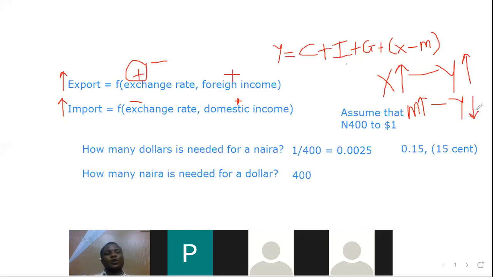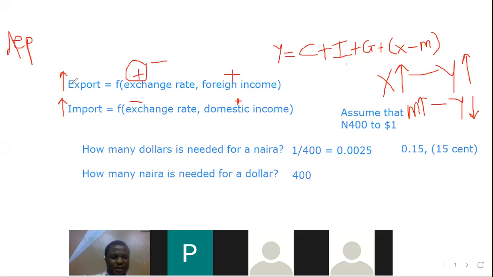Okay. So let's now assume we devalue our currency, exchange rate depreciation. Exchange rate what? Depreciation. If we devalue our currency, what will happen? When we devalue the currency, that means increase in exchange rate will cause what?